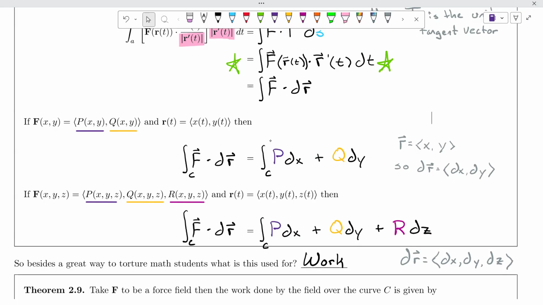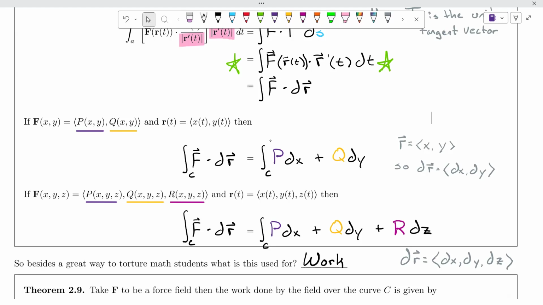Noticing here that if r is x, y, where again x and y will be functions of a parameter t, but I left that detail off to simplify some of the notation down, dr is dx, dy. So if I take the dot product of my field P, Q with dr, dx, dy, I get P dx plus Q dy.